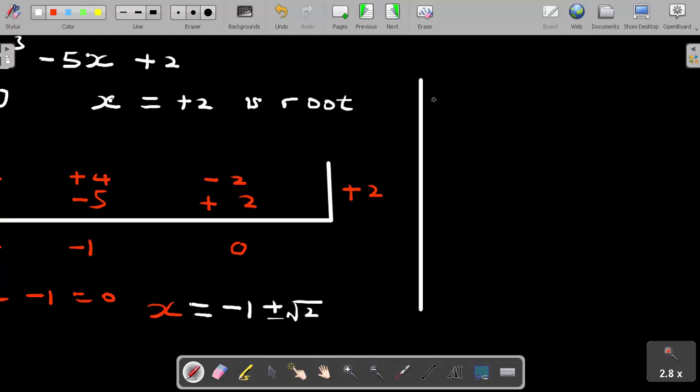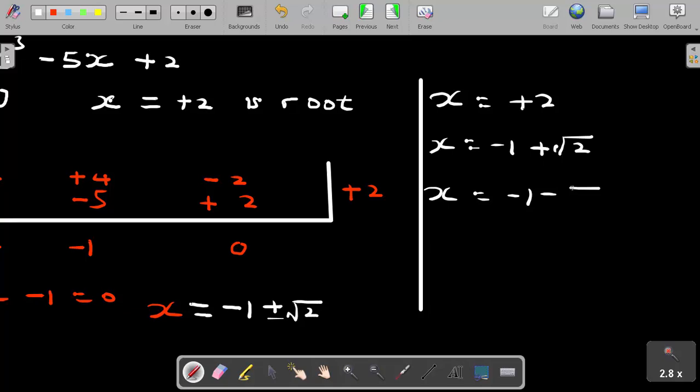That was our first answer. What else? x equals negative 1 plus root 2. What about the other answer? It is x equals negative 1 minus root 2. So these are the answers here.